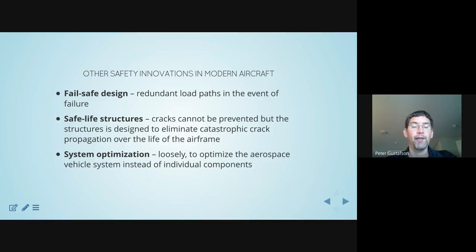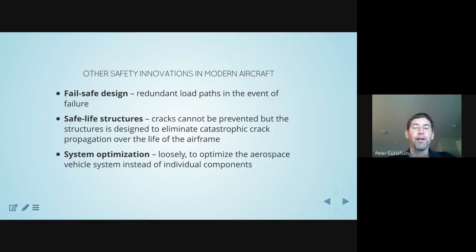And then the last thing I'll say with regard to modern safety innovations is this concept of system optimization. I mentioned the 5 subdisciplines of aerospace engineering; as recently as a few decades ago, we would probably have only listed 4 subspecialties. Now we can include system optimization.